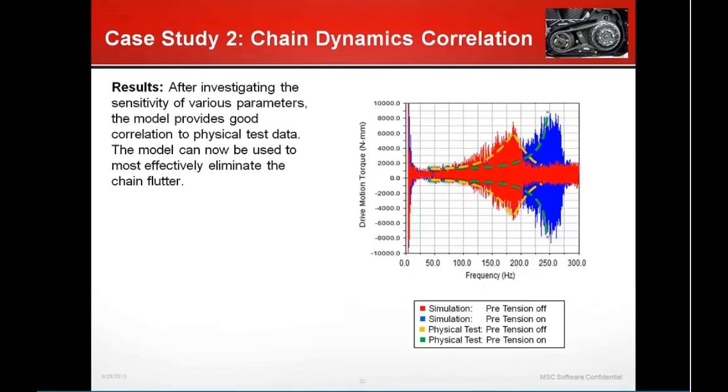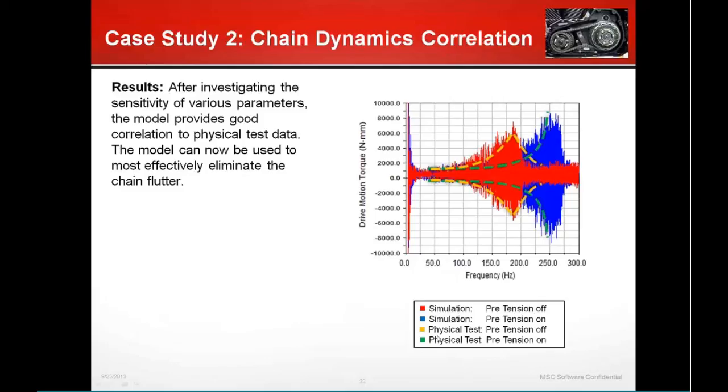As shown on the plot on the right-hand side, the physical test is available here on the dotted lines. There are two conditions that we are particularly interested in: with the pretension off and with the pretension on.